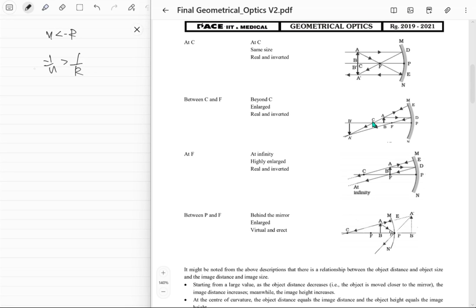Now we know 1 upon v is equal to, in this case, negative 2 upon r, with no sign convention followed. And then minus 1 upon u. So this thing just becomes bigger than minus 1 upon r. So of course 1 upon negative v is bigger than 1 upon r, because we can already guess that v is going to be negative, right? Yeah.